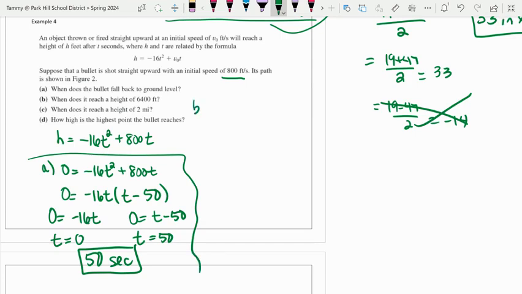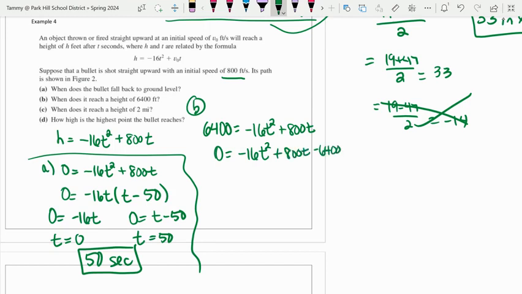All right, letter B. When does it reach a height of 6,400? So I'm going to do 6,400 equals negative 16t squared plus 800t. Set that to 0, so 0 equals negative 16t squared plus 800t minus 6,400. Let's factor out a negative 16 out of all of these.